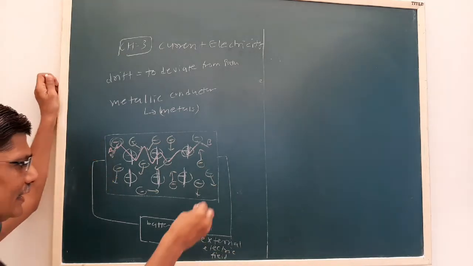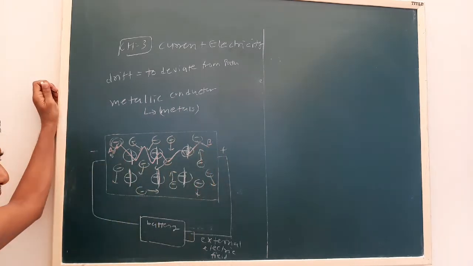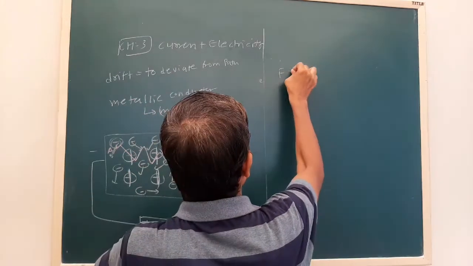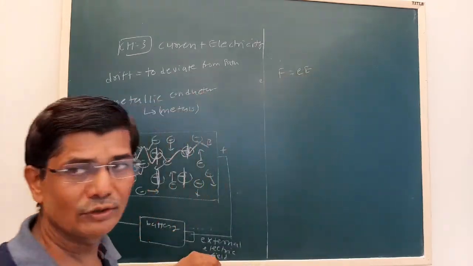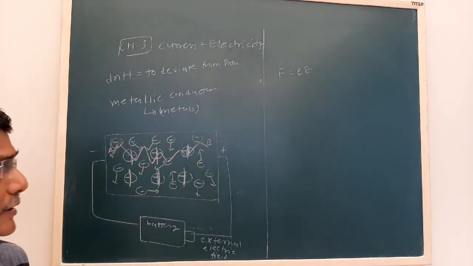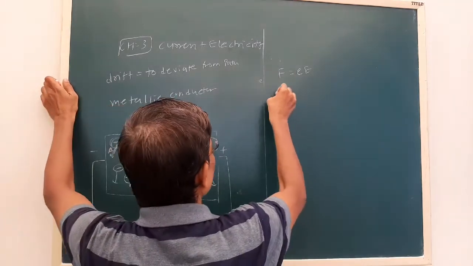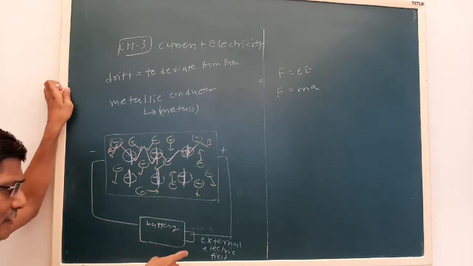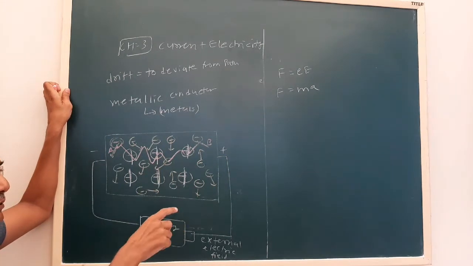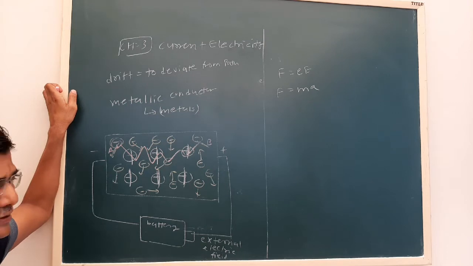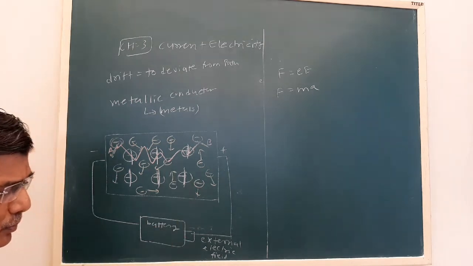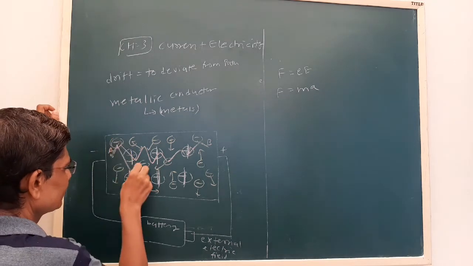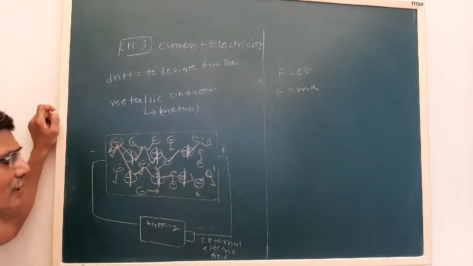The charge of the electron is negative, here there is the positive terminal of the battery. So the electron will experience a force. F is equal to QE, or here the charge of the electron is e. Now we also know F is equal to MA. So because of this external field, the electron will experience a force and it will have accelerated motion. So instead of moving on this AB path, let us say it has moved to the AB dash path.